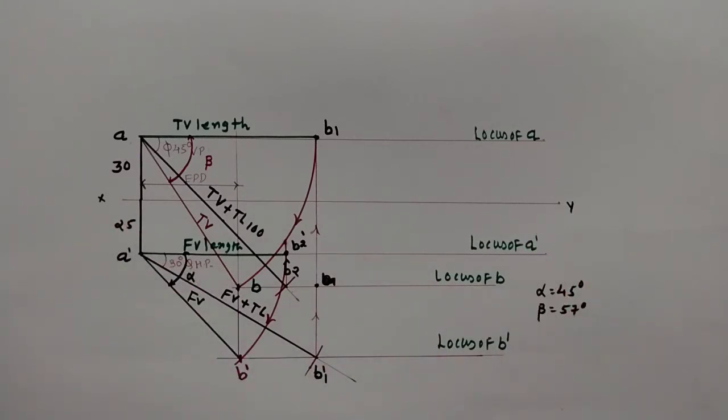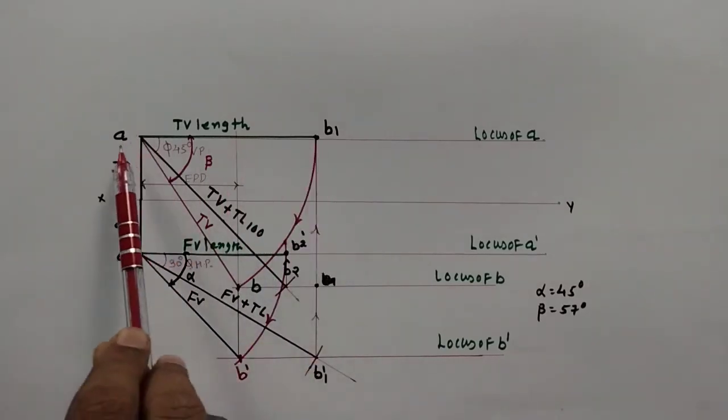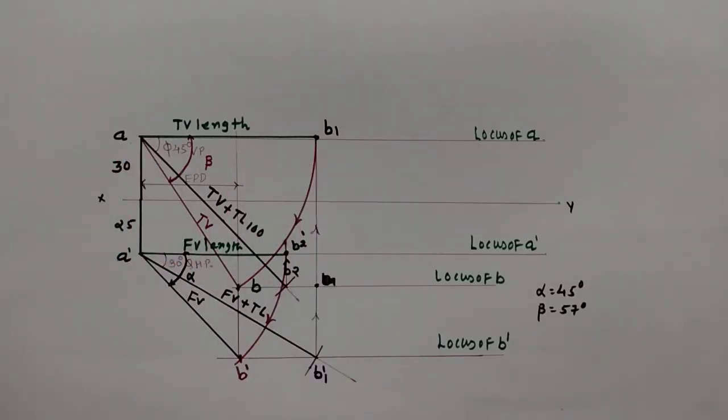You can view the video two or three times to understand better. But remember, when your elevation line is inclined to HP, the true length A dash B1 dash is inclined to the XY line with theta, and its top view is always parallel to the XY line.